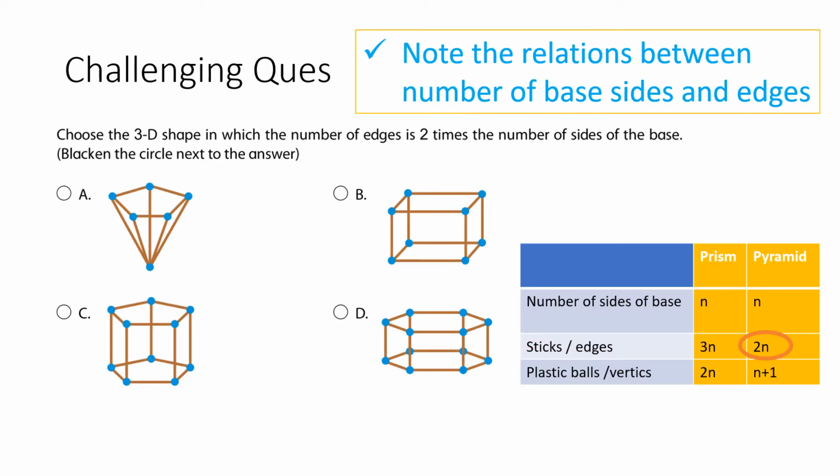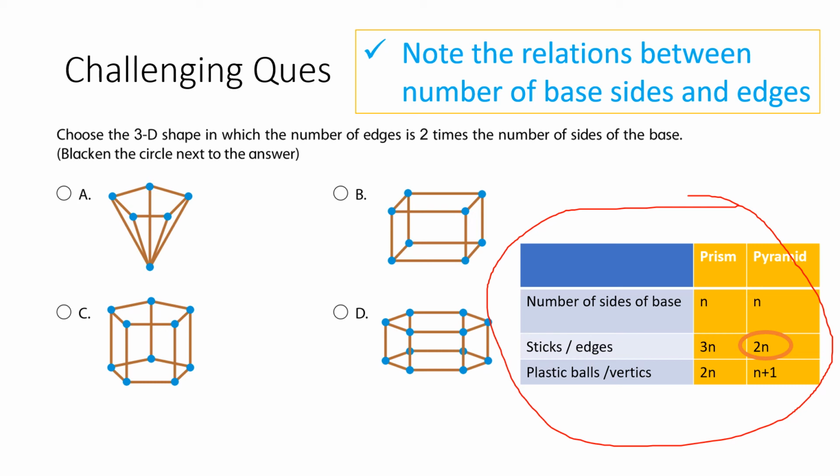And the next one. Choose the 3D shape in which the number of edges is 2 times the number of sides of the base. So this one, again, you need to think about the relation between the number of base sides and the edges. I have shown you this table before in the previous questions.